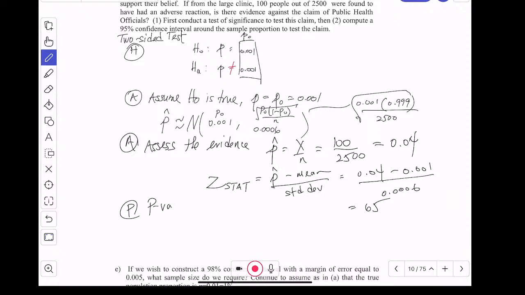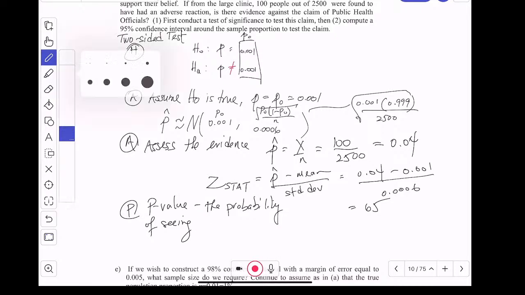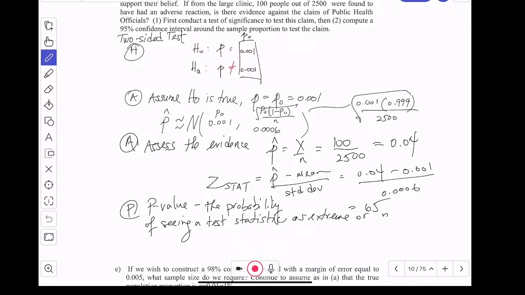This is the p-value step. We already know what this is too. The p-value is the probability of seeing a z-stat, or I'm going to say more generally, a test statistic, as extreme or more extreme, given H not true.